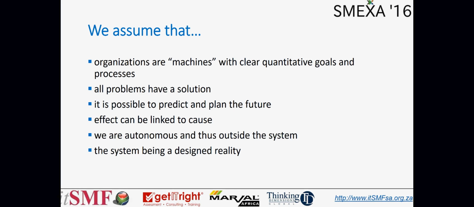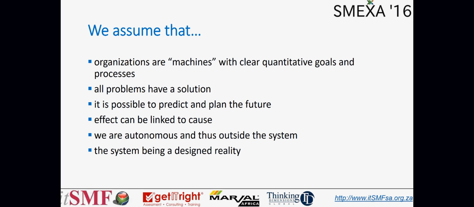If we assume that organizations, like machines, can be tuned and put into place, then we're looking at them in a mechanistic way of thinking. We're also assuming that there's a solution to all problems, or that it's possible to predict and plan the future.